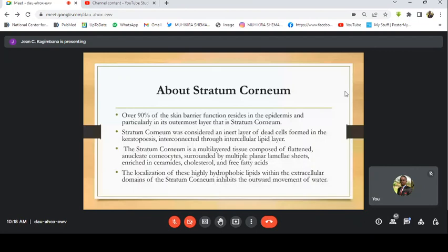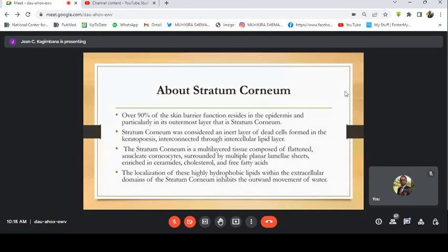The localization of these highly hydrophobic lipids within the extracellular domain of the stratum corneum inhibits the outward movement of water. The movement of water is from outside to inner parts, not the contrary.